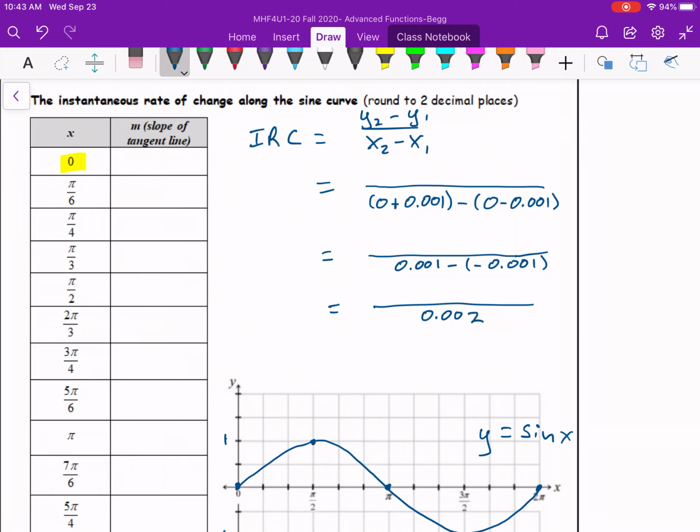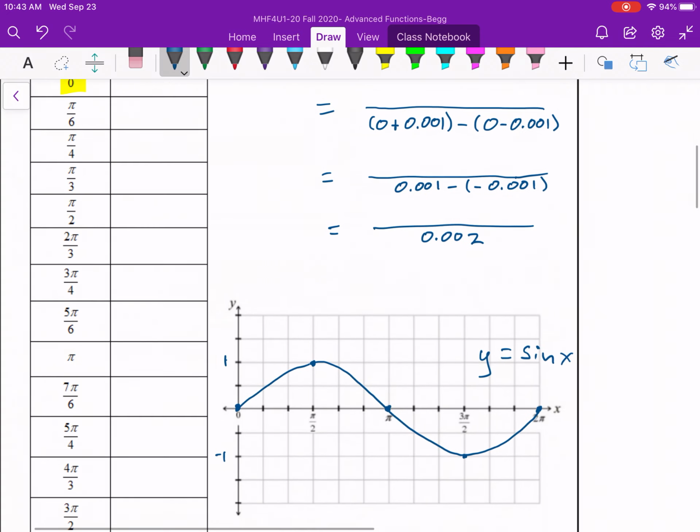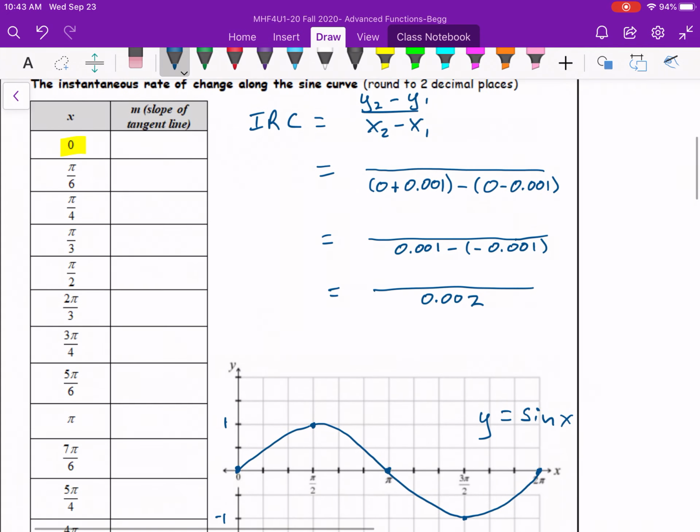As far as the top goes, we're using the function as given. In this case, it's y equals sine x. So I would do sine of x, well, x is 0.001. So sine of 0.001 minus the sine of x1, which would be negative 0.001.